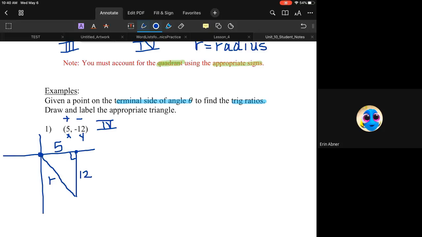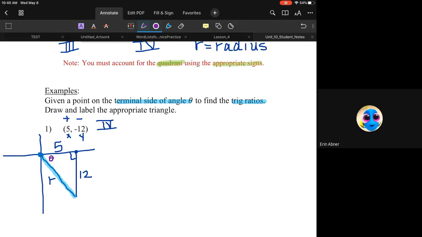And my angle theta, they said, is from the terminal side, which is this one over here. Terminal side is going to be here. So we're looking at an angle theta of here. We need to find our R because we don't know it yet.